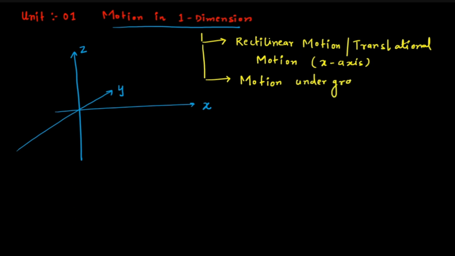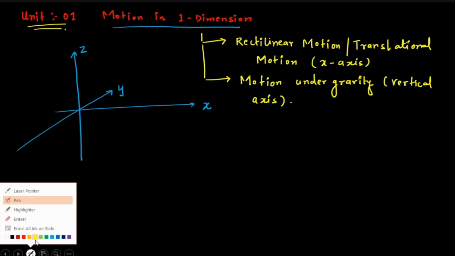This motion under gravity is representing the vertical axis. So whenever we talk about motion along one specific axis, it comes under this first unit, that is motion in one dimension.